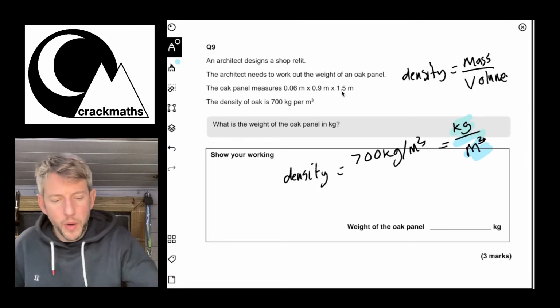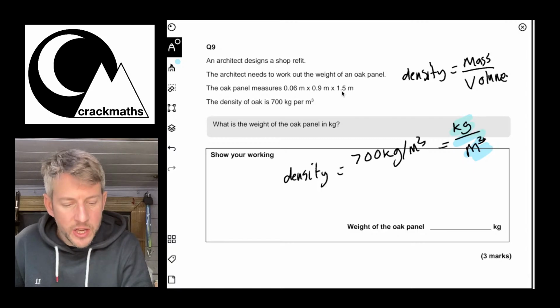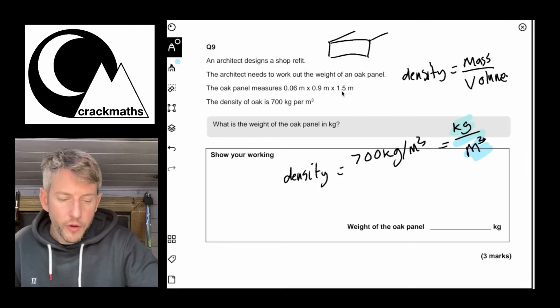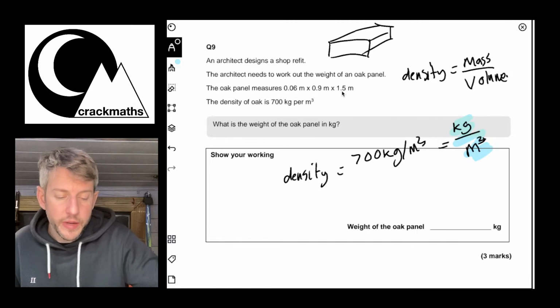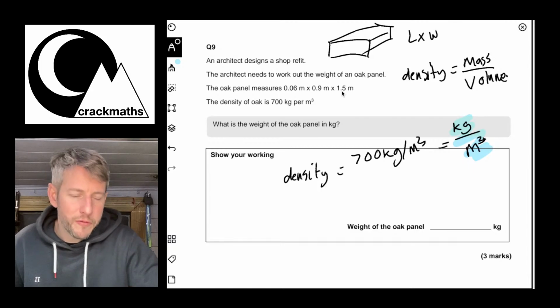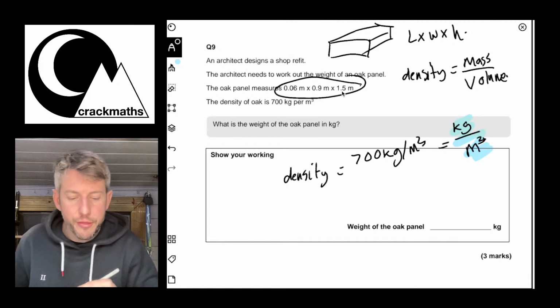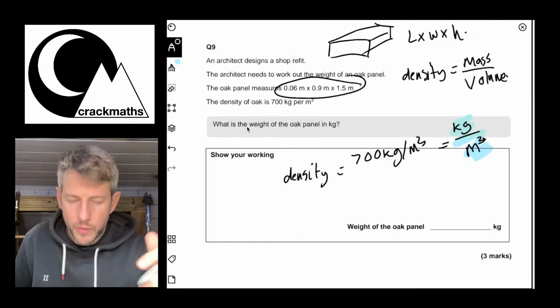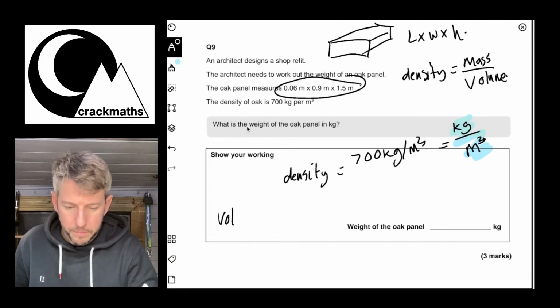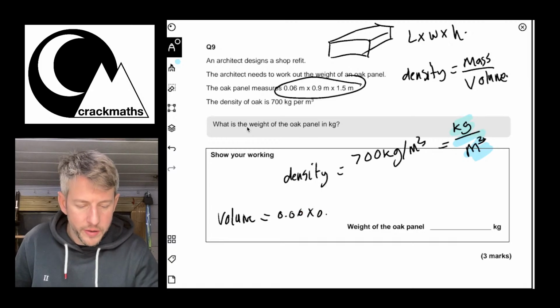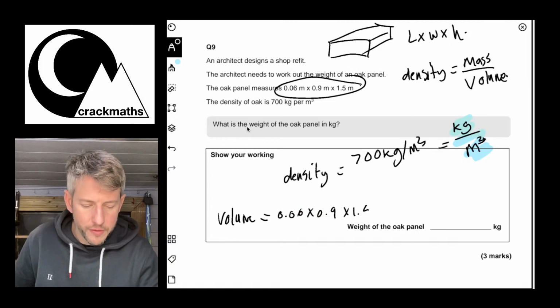So the volume of, well, it's going to be a cuboid because that's the dimensions they've given us. The volume of a cuboid is length times width times height. So we're going to multiply these 3 dimensions together. So volume equals 0.06 times 0.9 times 1.5.